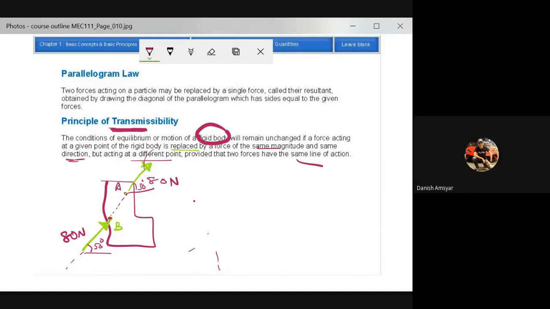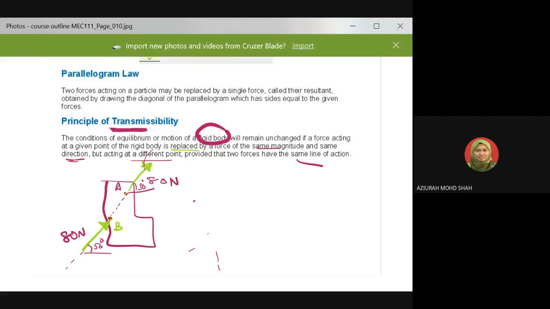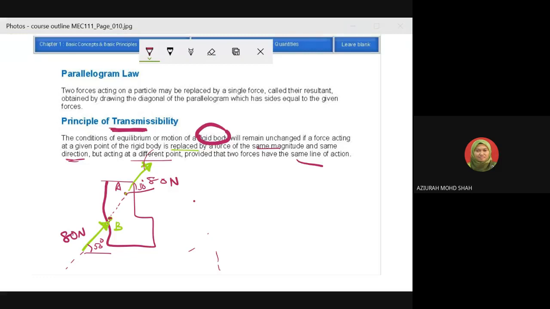Convert gender. Betul. Tukar jantina. Bertukar. Ni bukan bertukar macam cerita Transformers ni. Ni bertukar daripada lelaki ke perempuan ataupun perempuan ke lelaki. So maksudnya dekat sini apa yang bertukar ni? Yang bertukarnya adalah position of point of application. Itu yang tukar. Lain tetap sama.